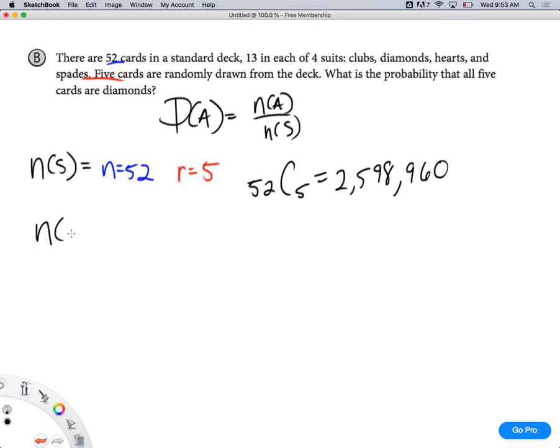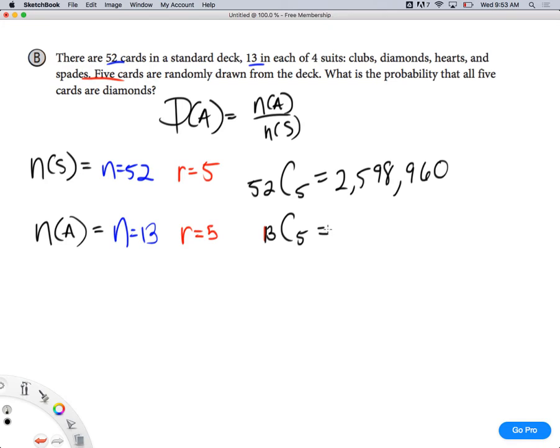Now, NA. In this case, now, what am I interested in? What's the probability that all 5 cards are what? Diamonds. So how many cards am I interested in? Good, 13 in each, so it's 13. And what's R? 5. I'm still drawing 5 cards, right? So it's 13C5.